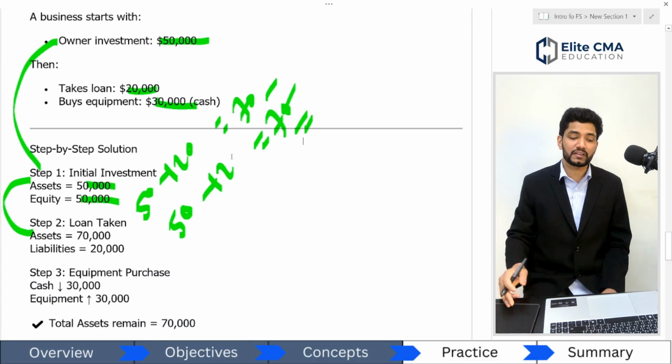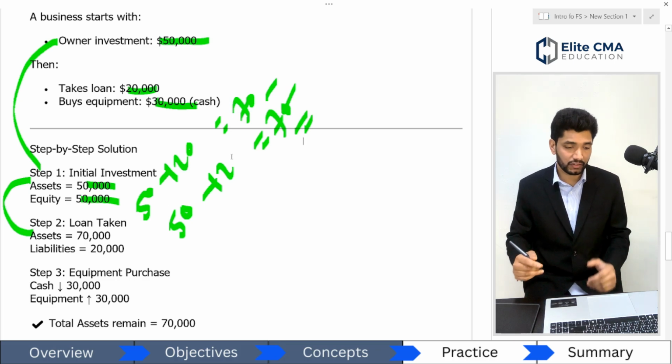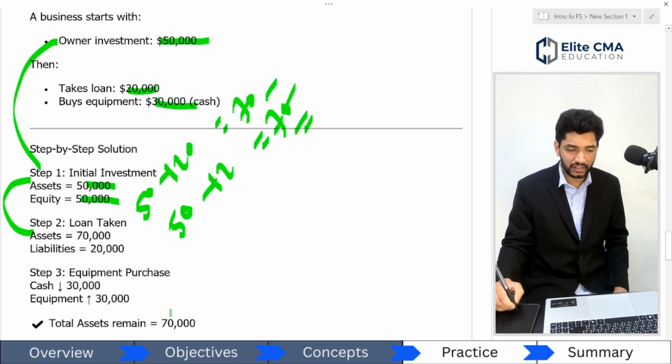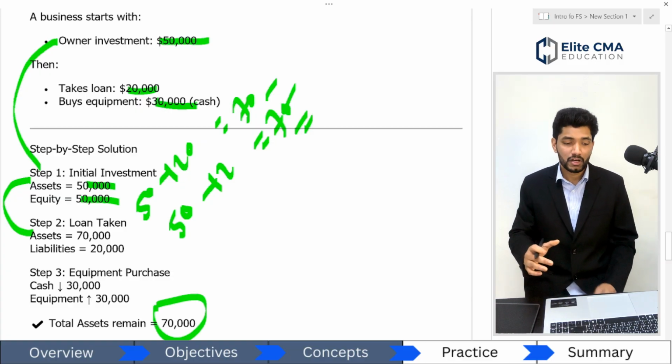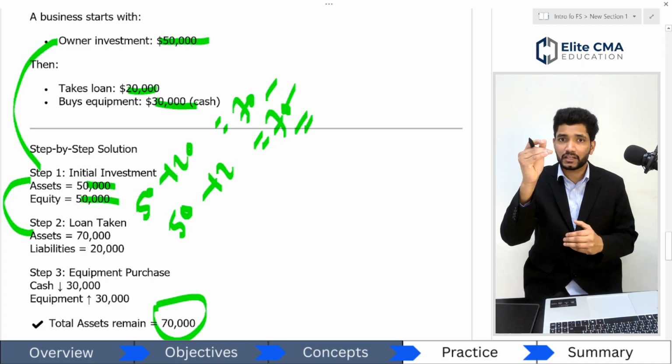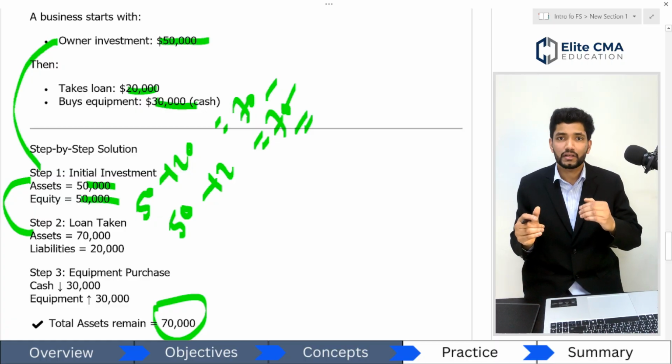Then if the company purchases equipment by cash, cash will reduce 30,000 and the equipment on the asset side will increase 30,000. Again the asset remains 70,000 as in the previous scenario, because cash is one category of asset which is reducing and the equipment is another category of asset which is increasing.